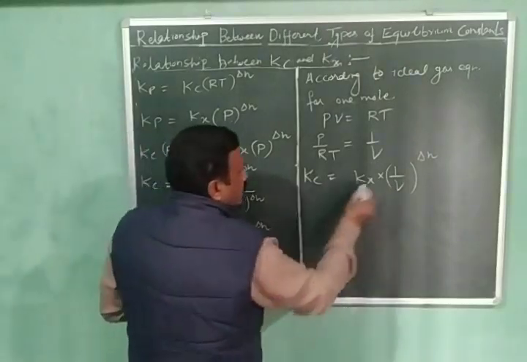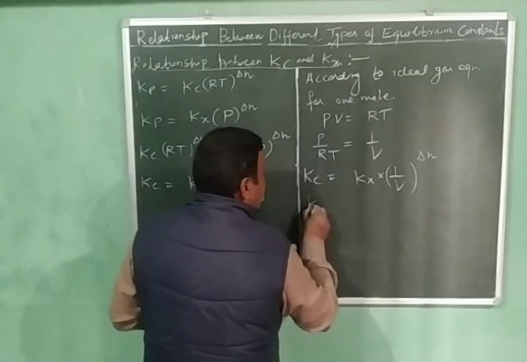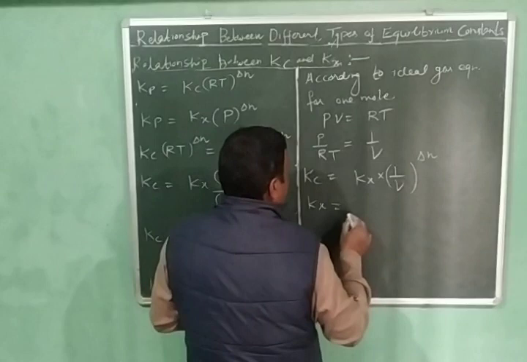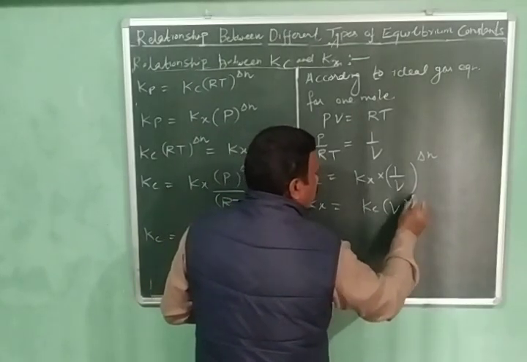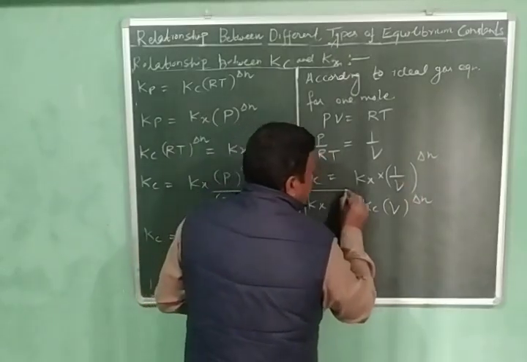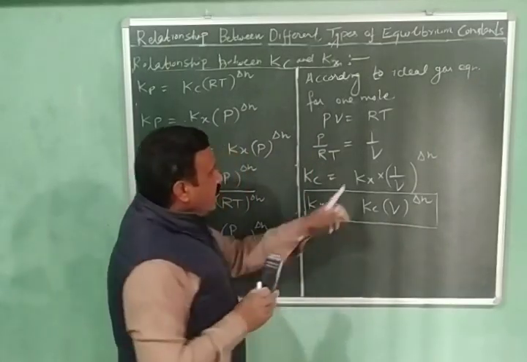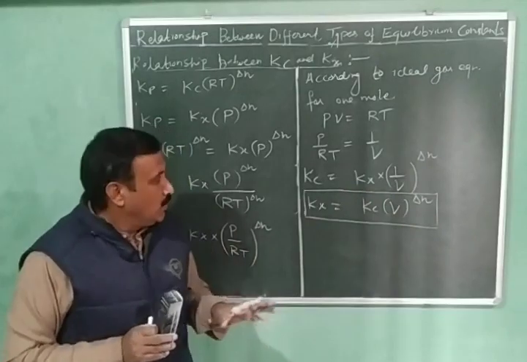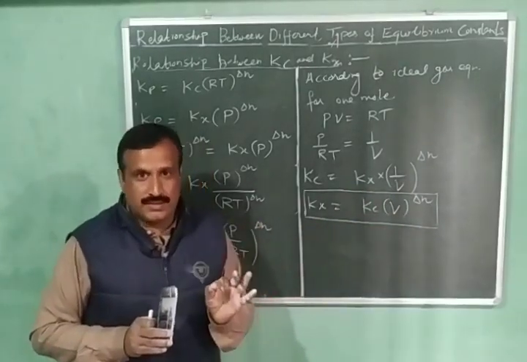After rearranging, we have Kx equal to Kc into V raised to power delta n, where V is the volume occupied by 1 mole of the gas.